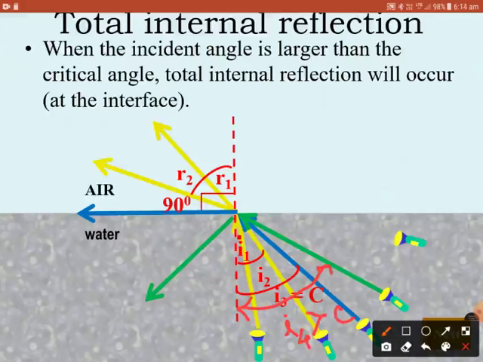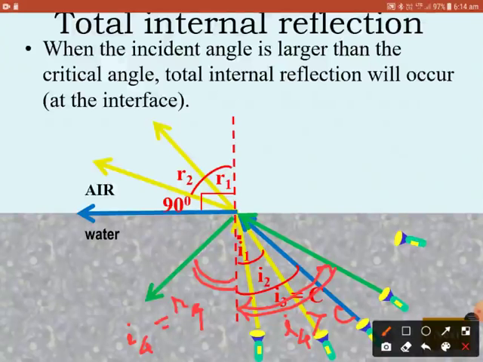So there will also be R4 here, and this R4 will be equal to I4, because by obeying the laws of reflection, the angle of incidence is equal to the angle of reflection, right? So this green ray is for total internal reflection.